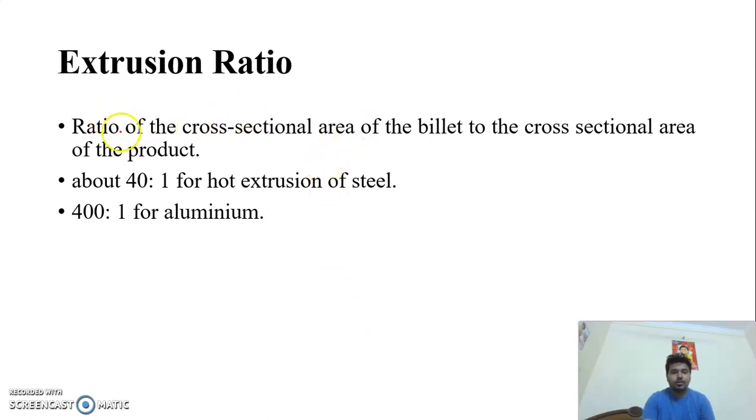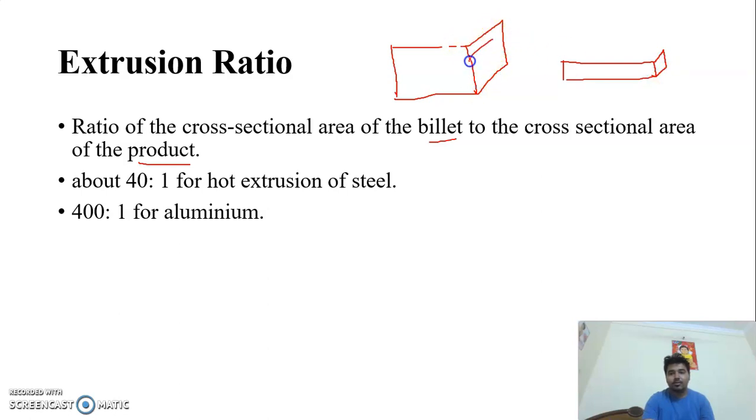What is extrusion ratio? Extrusion ratio is the cross-sectional area of the billet to the cross-sectional area of the product. The billet is the raw material, and we get the product of deformed shape. For example, this is the raw material cross-section A1, and this is the final product cross-section A2.